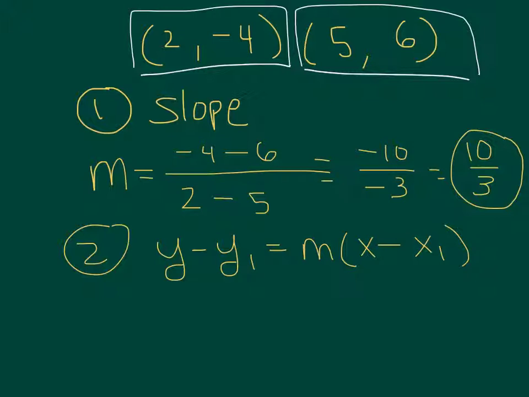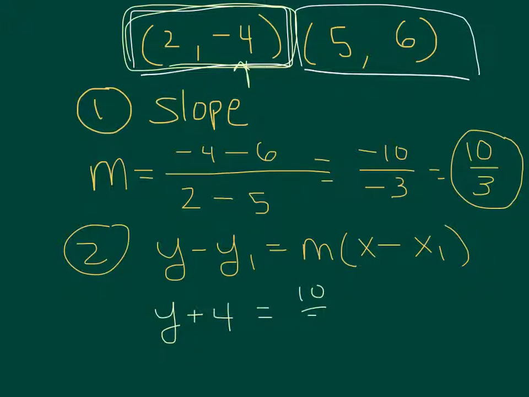So let's say I choose the point 2 comma negative 4. So I'm going to have y minus negative 4, so I'm just going to say y plus 4 equals 10 over 3 times x minus 2. And just be aware that what you do is distribute this fraction and solve for y. And then that's it.